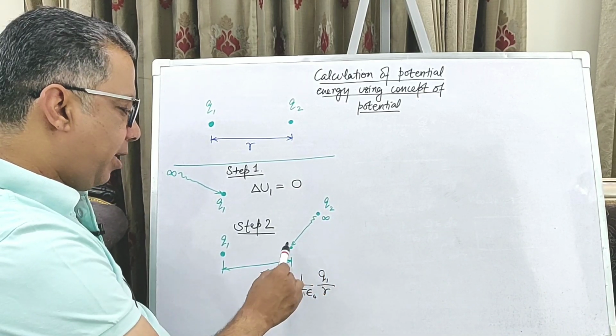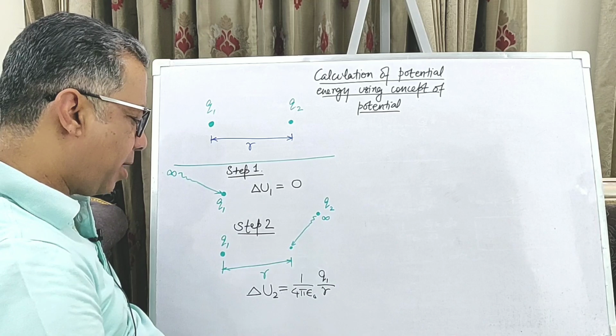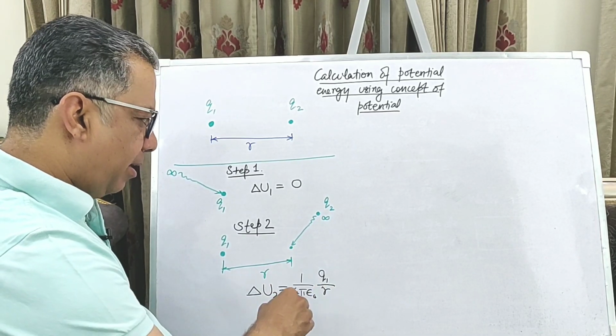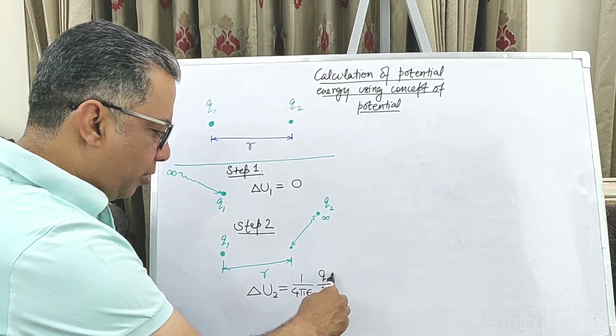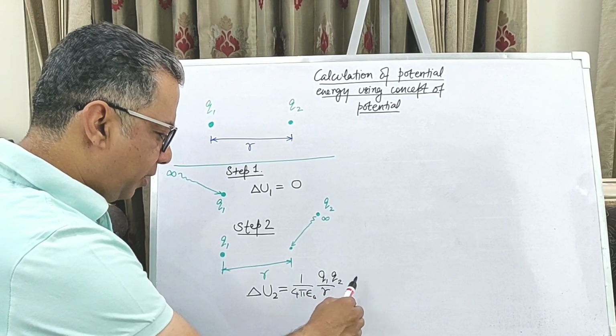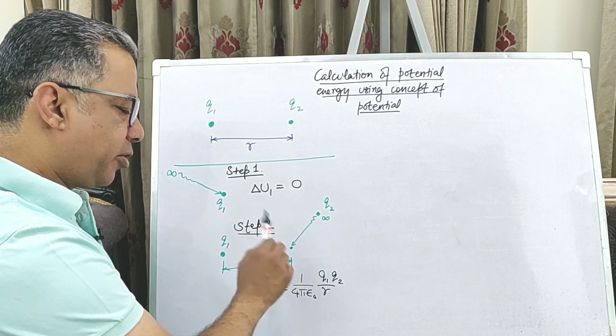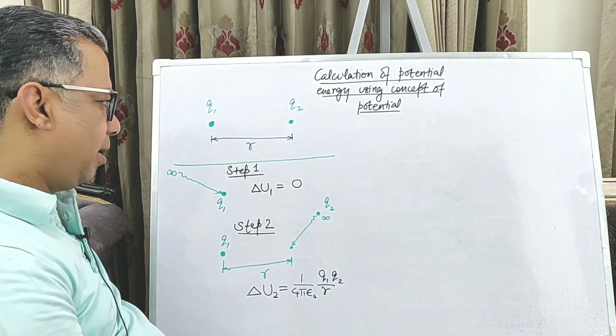That was the potential at this point before the introduction of Q2. Now we multiply the potential with the charge Q2, and that gives us the change in potential energy of the system on introduction of charge Q2.